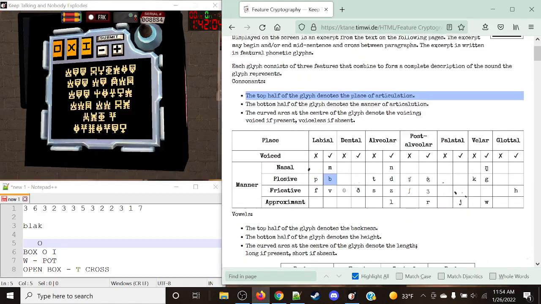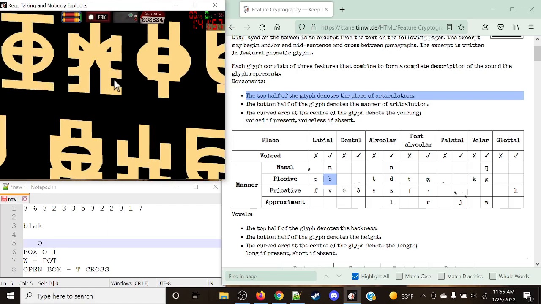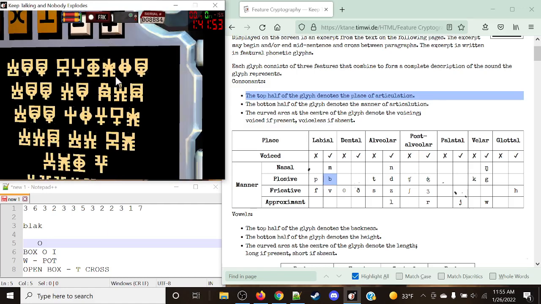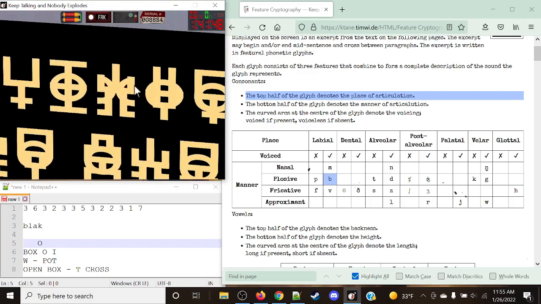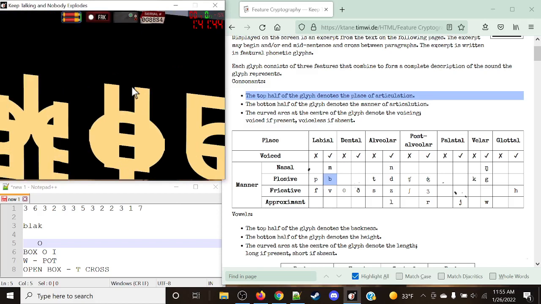And remember, we're looking for the place right now, so this is going to be corresponding to the top half of the glyph. So let's take a look here. So that is going to be right there. And note that the voice does match the circle that we got beforehand, so that actually does work for us. And this top half is a little bit of an interesting one. It might be sort of like an upside-down pie, perhaps?